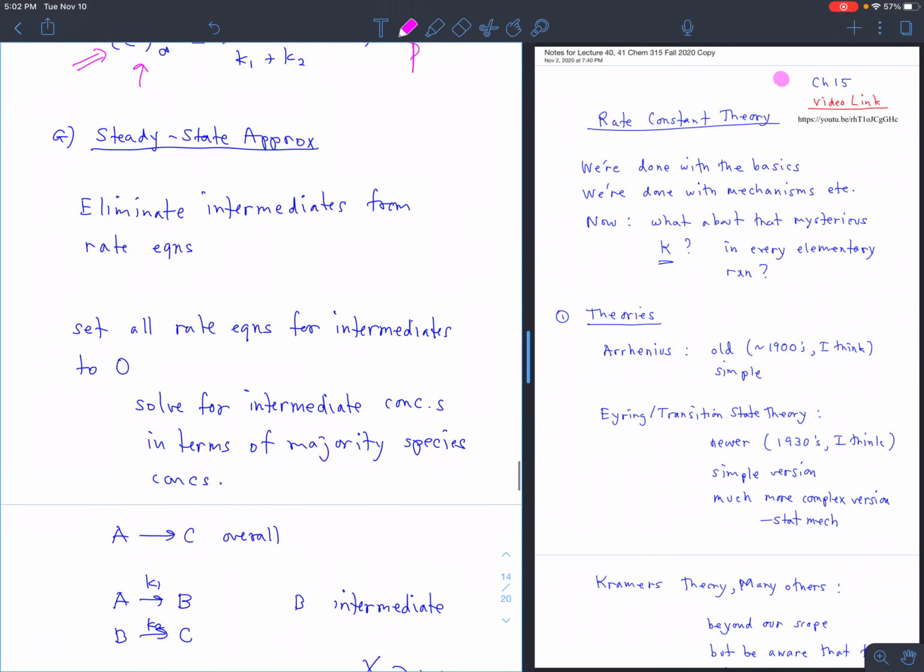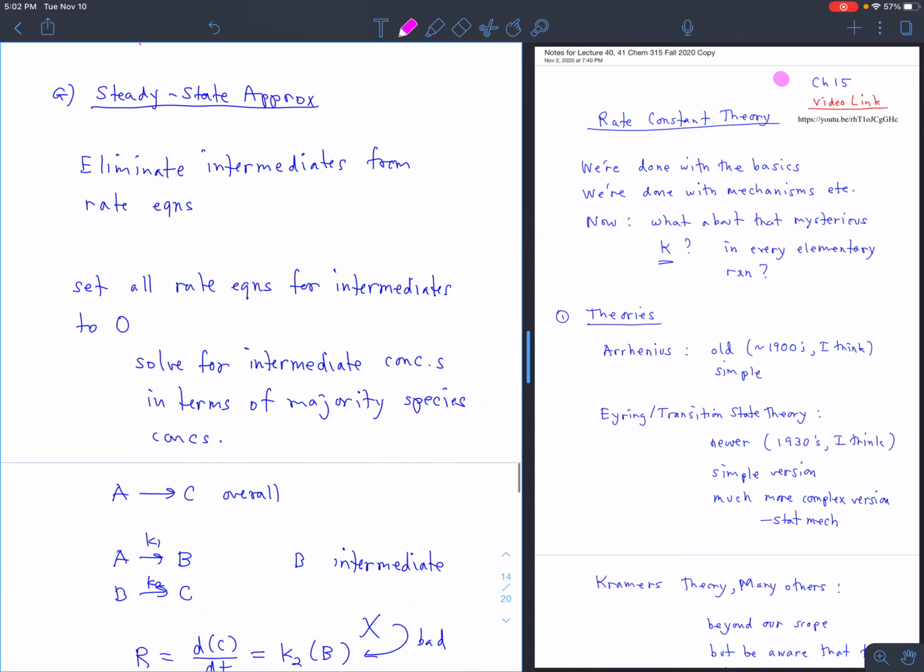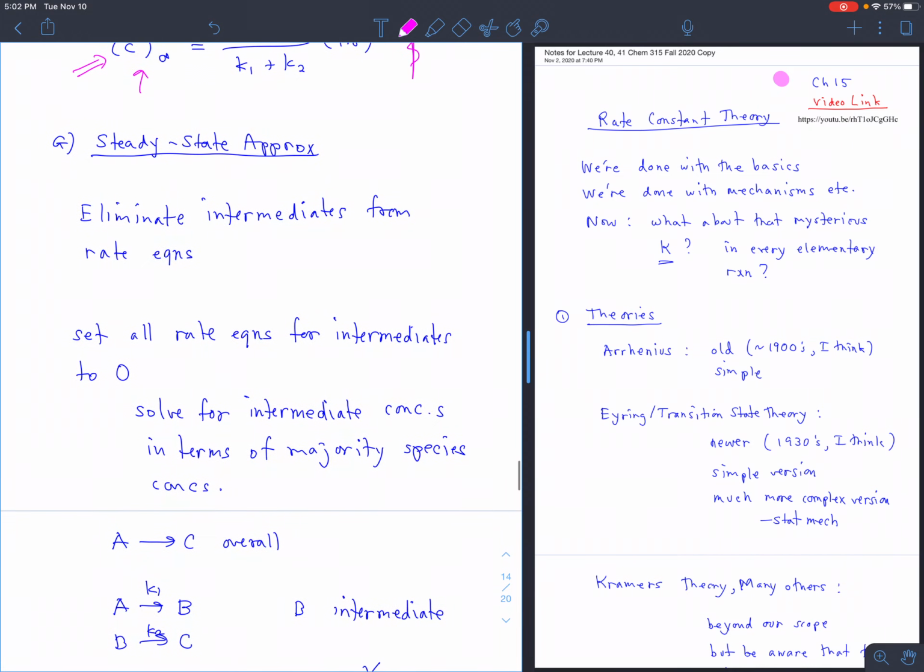All right, that brings us to these two approximations or ways of understanding mechanisms. One is the steady state approximation. It happens that if you're trying to write an overall rate equation for a mechanism, let's say for an overall reaction, A goes to C, maybe there's a bunch of intermediates in there, B, D, E, G, H, a whole bunch of other molecules that act as intermediates.